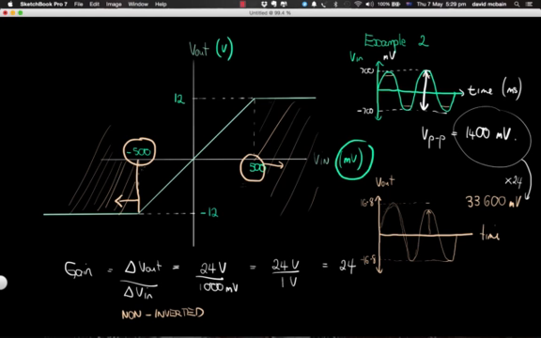Well, we don't actually have to work them out because they're on our graph. We can see that when the input is at negative 500, the output is at negative 12. And when the input is at 500, the output is 12, which means that the maximum voltage that can be achieved by this amplifier is 12 volts, and the minimum value is negative 12. So the actual clipping point is going to be at 12 and negative 12.